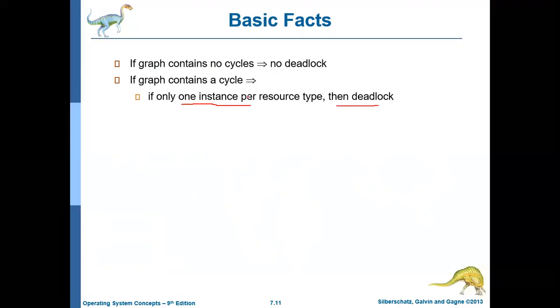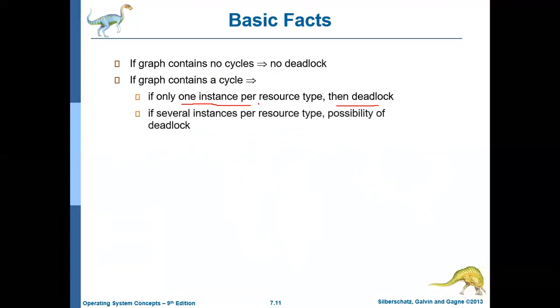I think it's clear. If there is a cycle, then you have to check what are the resources that are involved in the cycle, and if all the resources have only one instance, it means the resource does not have more than one instance. In that case you can confirm that there is a deadlock, okay.